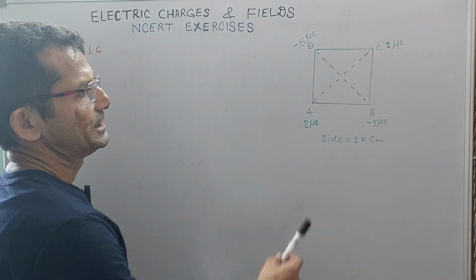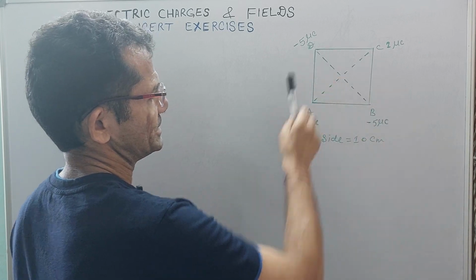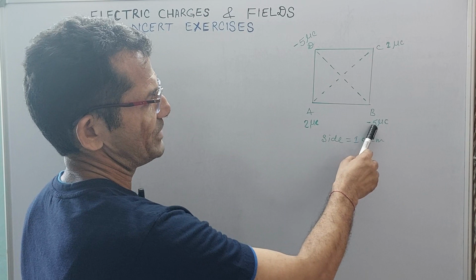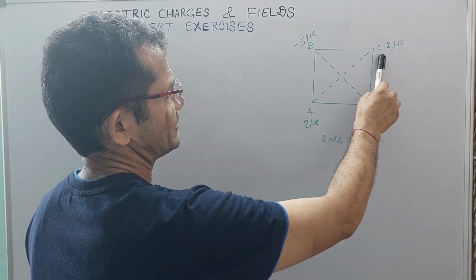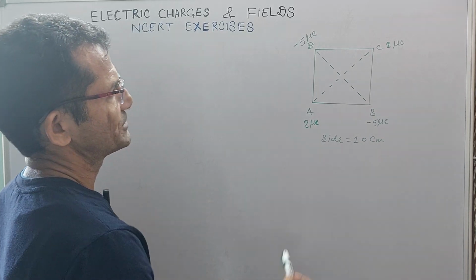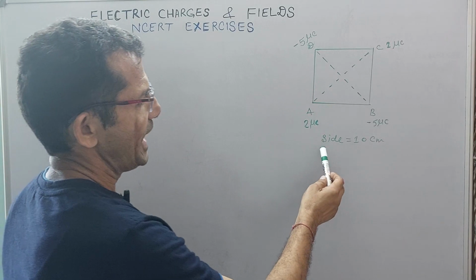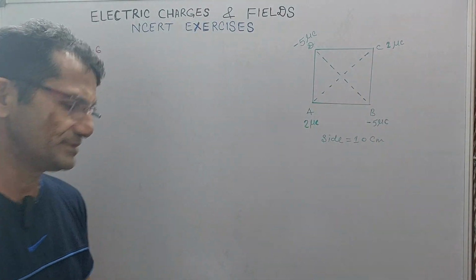There are four charges placed at the vertex of square ABCD. So 2 microcoulomb at the point A and minus 5 microcoulomb at the vertex B, and at the vertex C is 2 microcoulomb, and at the point D minus 5 microcoulomb, and the side of this square is 10 centimeters.